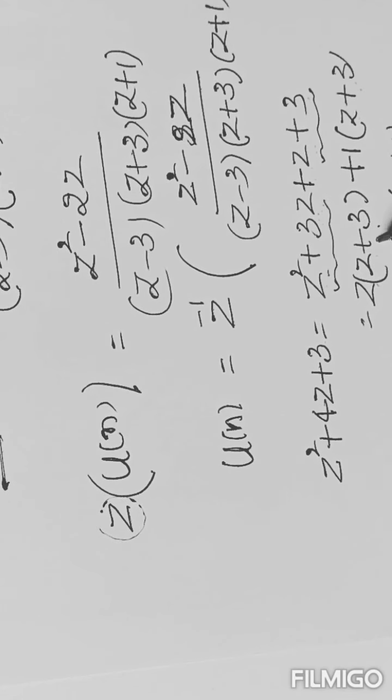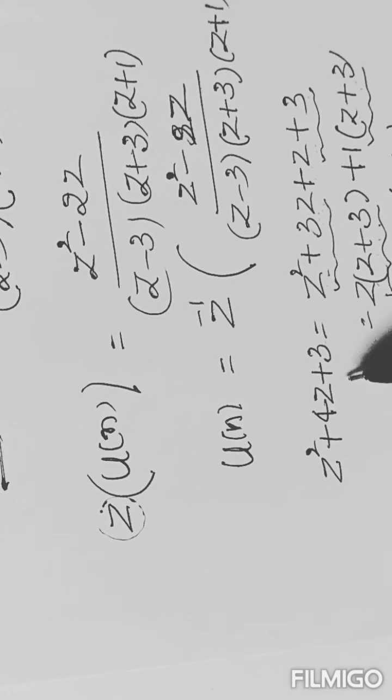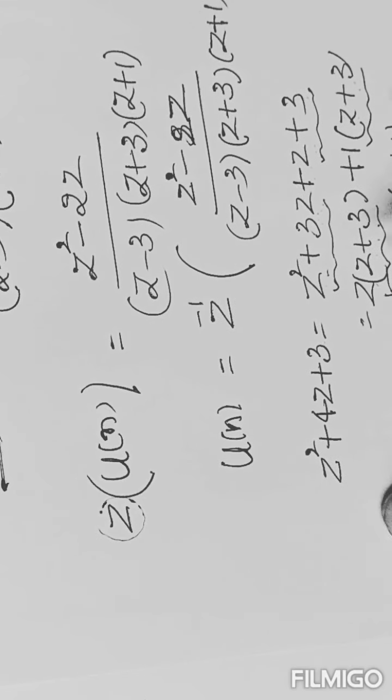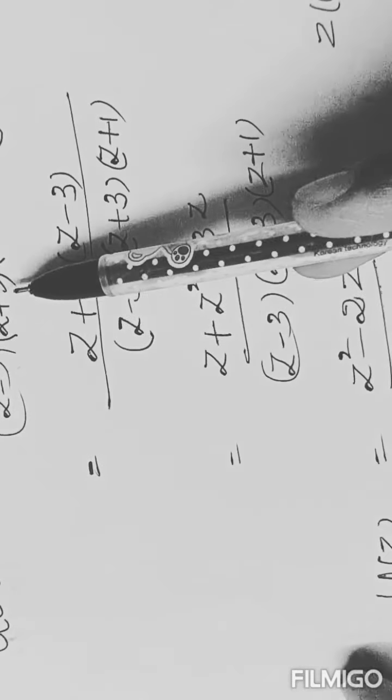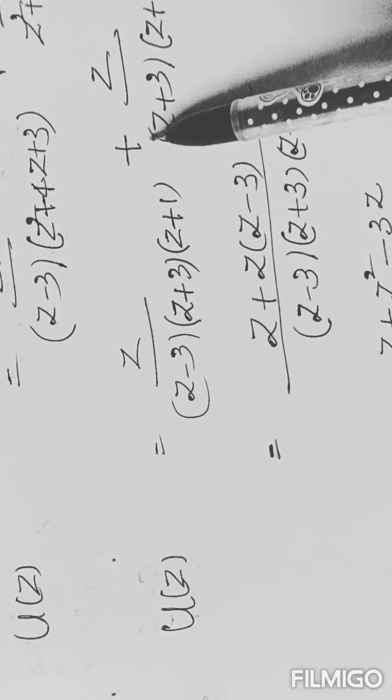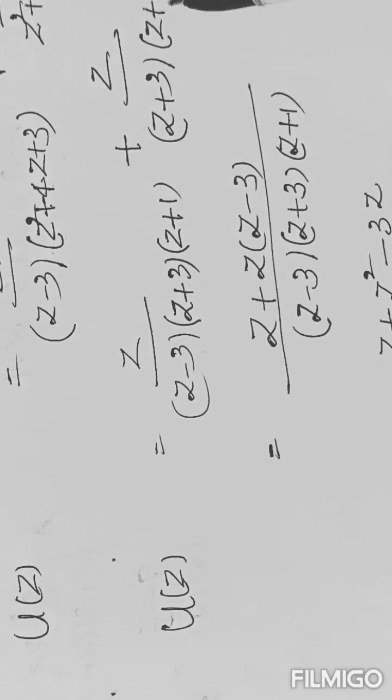Again from these two terms, z plus 3 as common, then the other factor is z plus 1. In place of z square plus 4z plus 3, we can write z plus 3 into z plus 1. By writing that, this is the value: z by z minus 3, z plus 3, z plus 1, plus z by z plus 3, z plus 1.